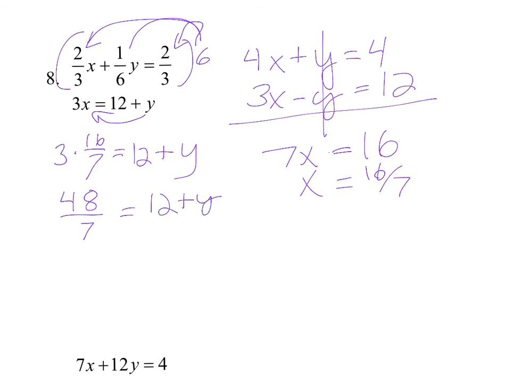I got to subtract the 12. All right, the only way I can do this is common denominator, so that 12 needs to be over a 7. So the numerator becomes 12 times 7. 12 times 7 is 84.